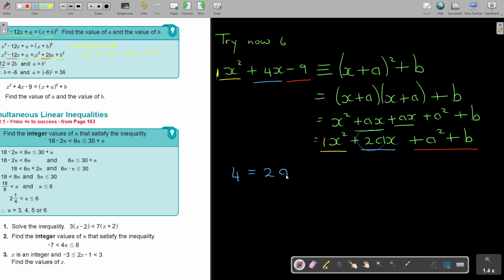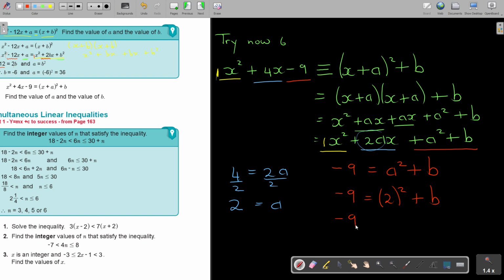And now we go for the other statement or equation, negative 9, grab that sign, and that's a squared plus b. And now if I simplify, I divide by 2, and I get my value of a is 2. And now I go for this one, and I'm putting 2 squared plus b, and it's negative 9.